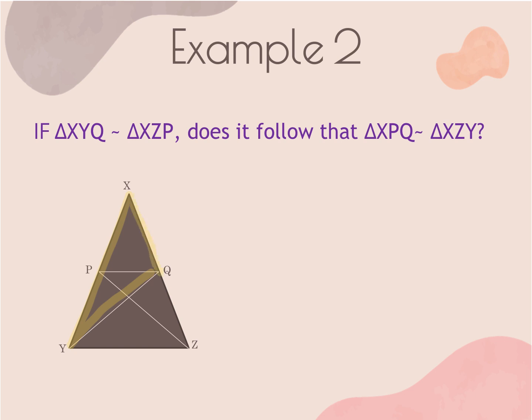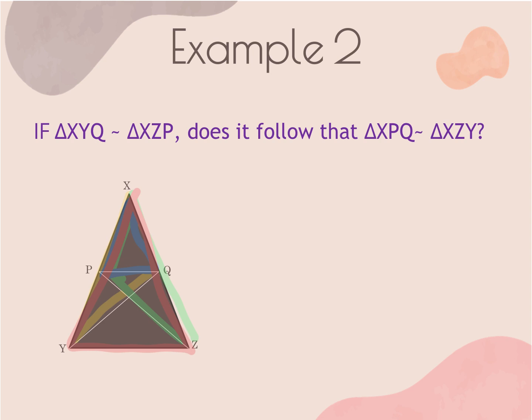And we also have triangle XZP, so it's this one right here. Those two are similar. Now they want to know if XPQ, this one right here, is similar to XZY, which would be this big one right here.